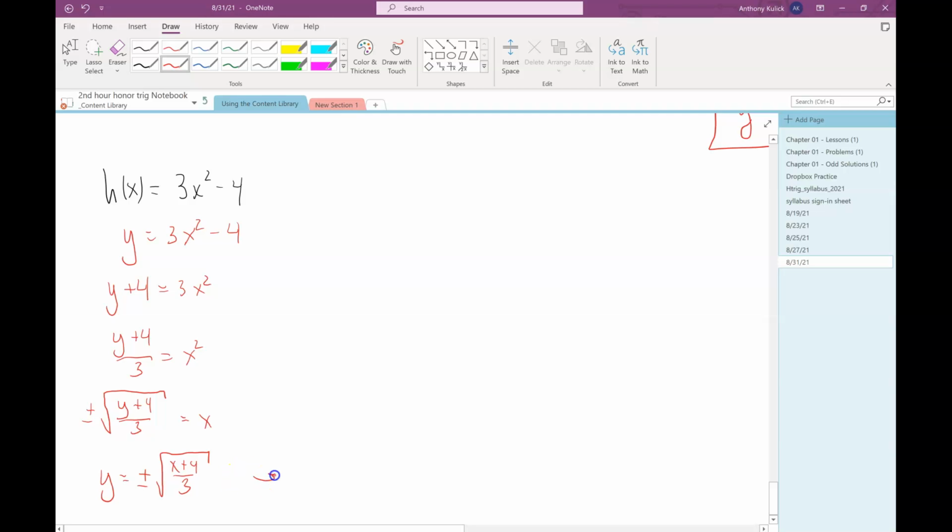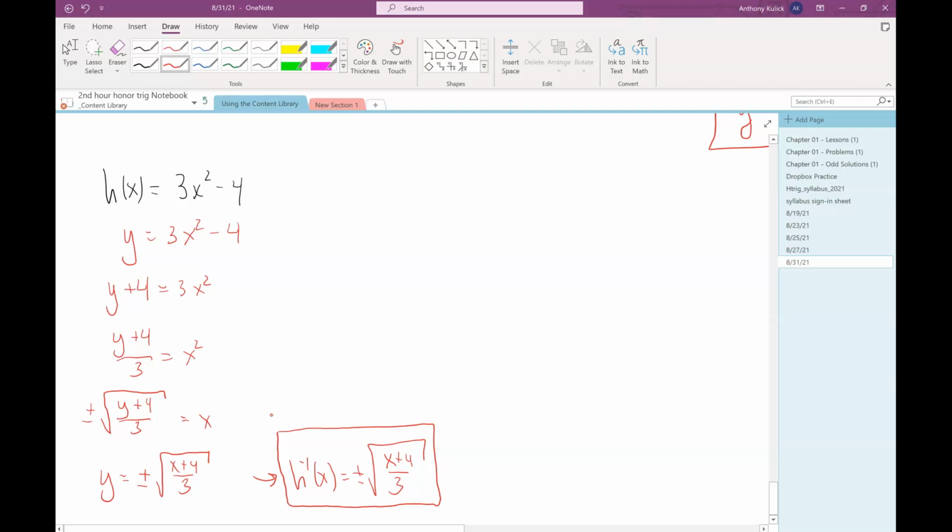What do you notice here about this inverse? What do you notice about this inverse? It's not a function, is it?